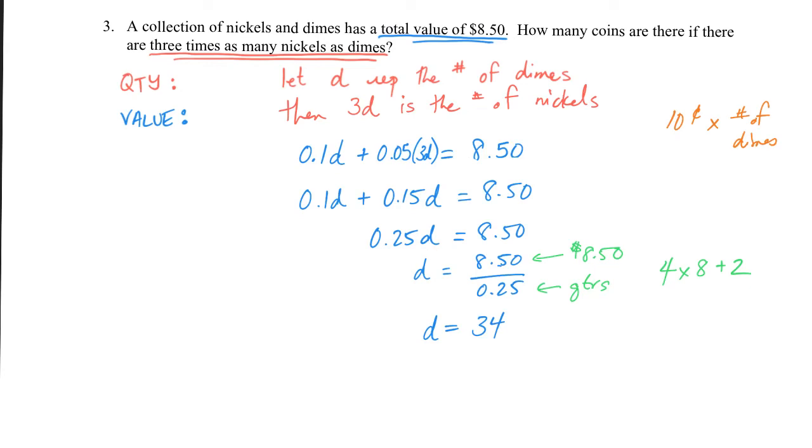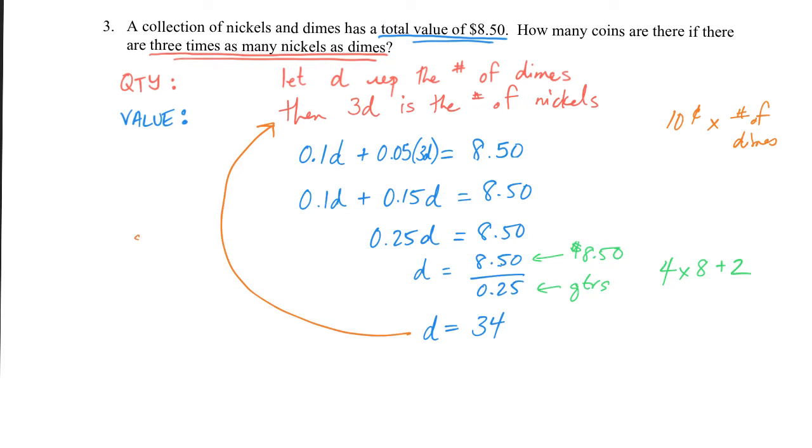Okay, we get down to D equals 34, and we're good to solve the problem. The question said, how many coins are there? That means we have to answer the question, how many nickels, how many dimes? Well, the nice part is we just found out what D was. So if I look back up into my then statement, I can use that to tell me how many nickels.